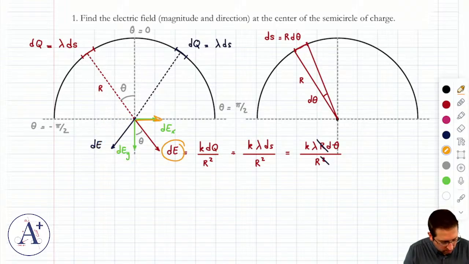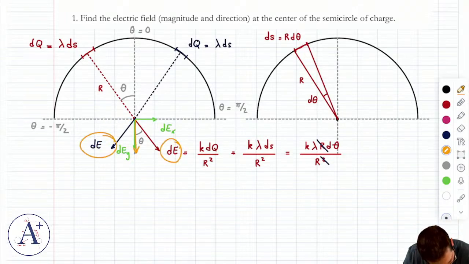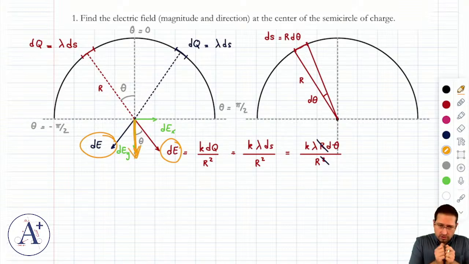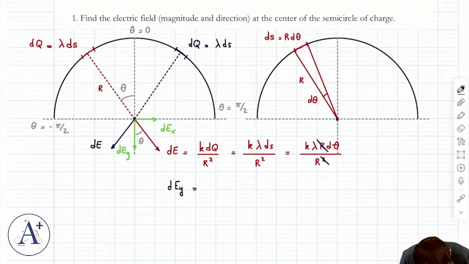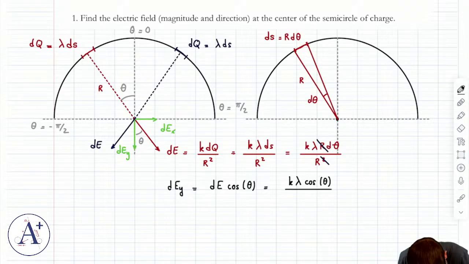The only components that are going to matter are the y components, because the y component of dE points down, the y component of this guy also points down. So all the components pointing down add up, and the only one I care about, therefore, is dEy. Okay? And what I can say is that dEy is dE cosine theta, and that is going to be k lambda cosine theta over r d theta.